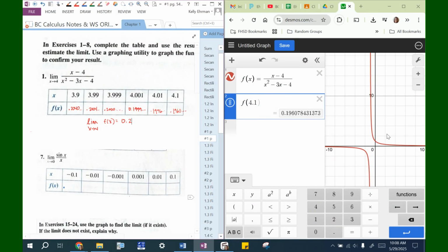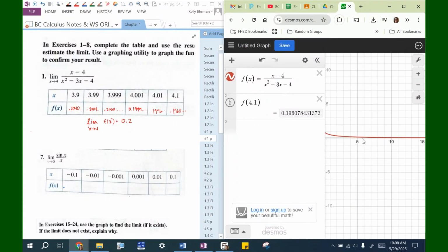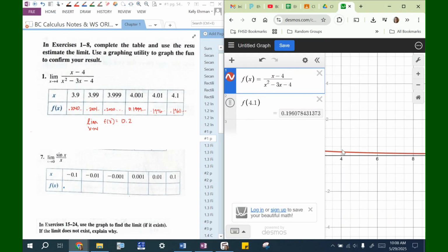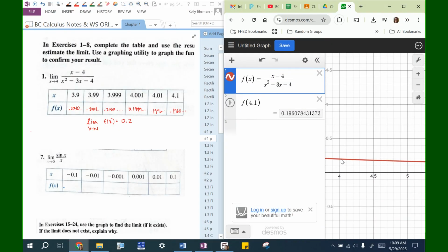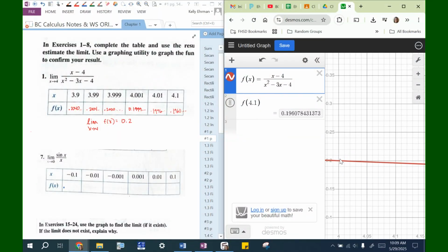What's happening numerically? So let's take a look at this graph here. We are zooming in at 4. So at 4, we know that the graph is undefined, but we can see that as we get closer and closer on either side, there it is. See how it says 0.2?